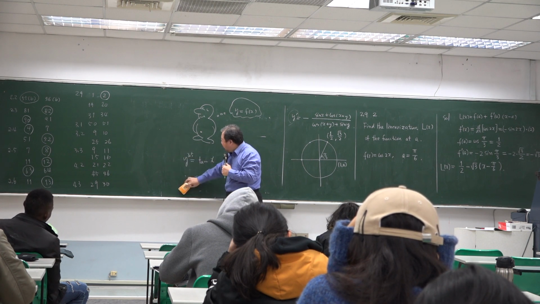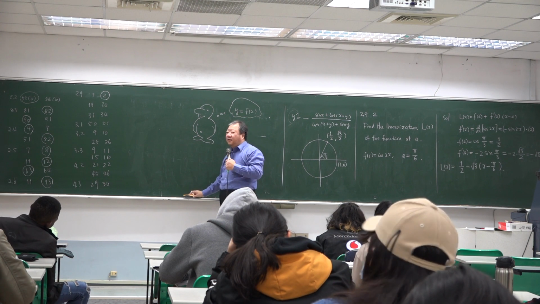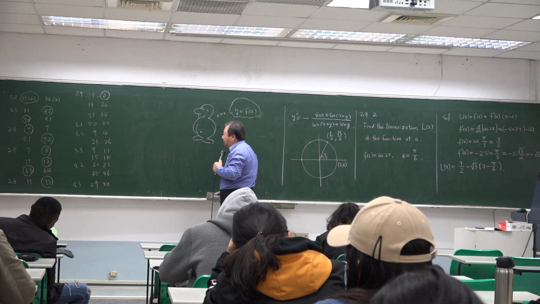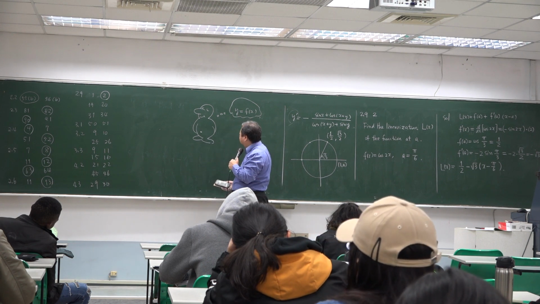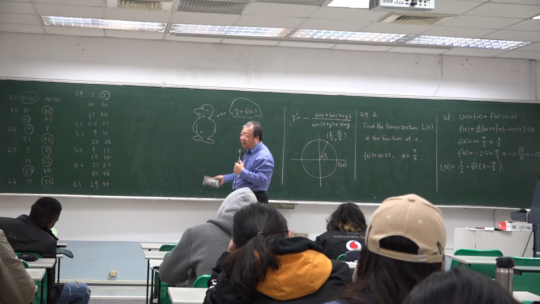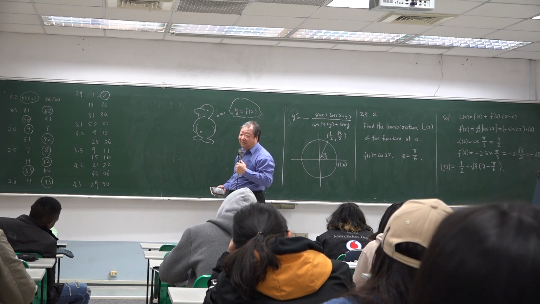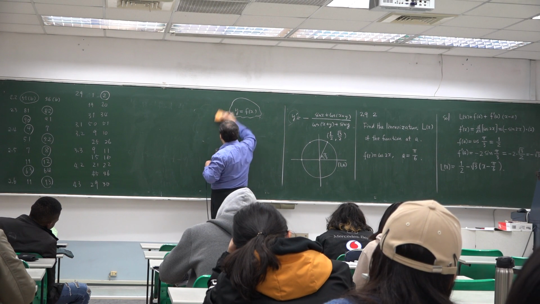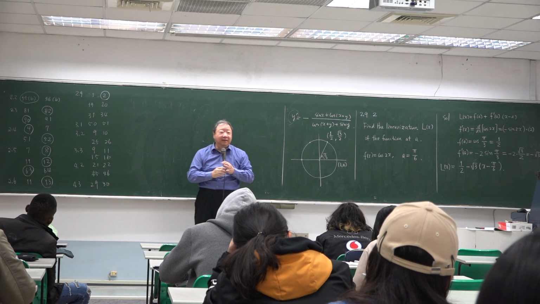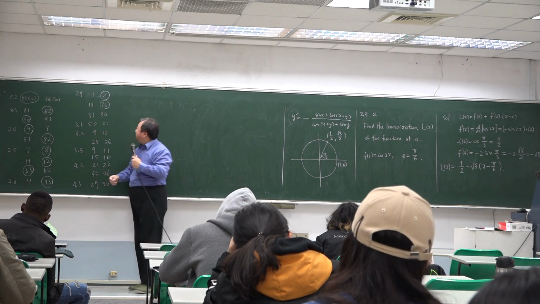So this f, though without an explicit form, we believe there is an f defined by that equation implicitly, not directly, indirectly. Okay, next.